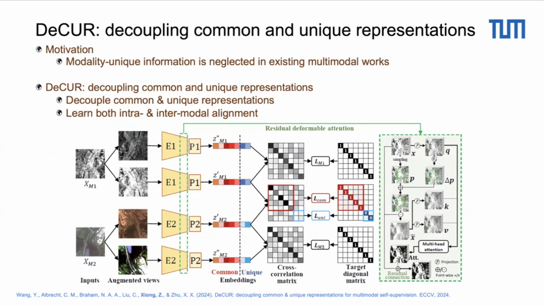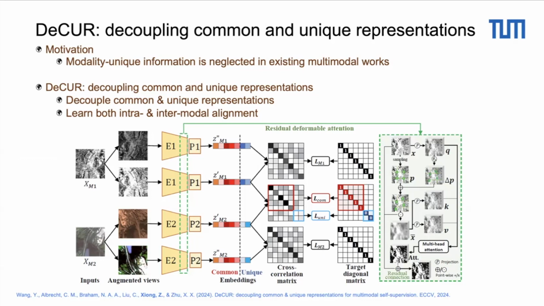And the second part is explicitly modeling the common and unique embeddings. We split the feature vector into two parts, with a larger portion to learn the modality common features, and we leave a smaller portion to keep the modality unique features.